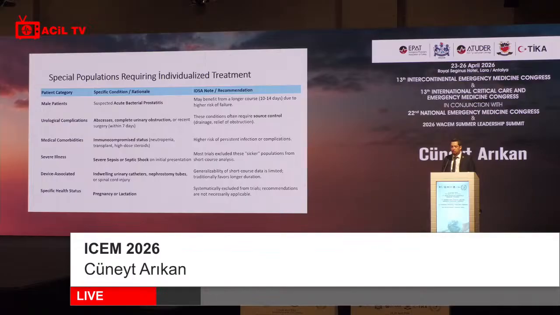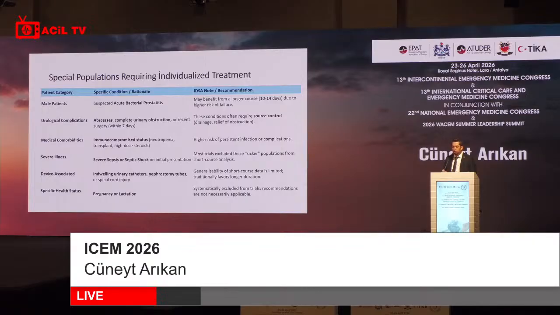First of all, male patients with suspected acute bacterial prostatitis, urologic complications, for example abscess, complete urinary obstruction, or recent surgery. Some medical comorbidities: immunocompromised patients, neutropenia, transplant, high-dose steroids, for example, and severe sepsis or septic shock.